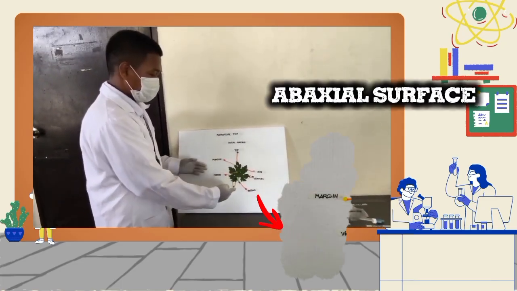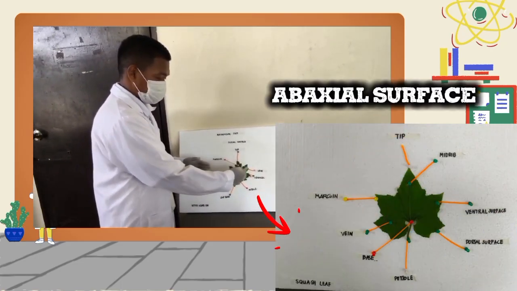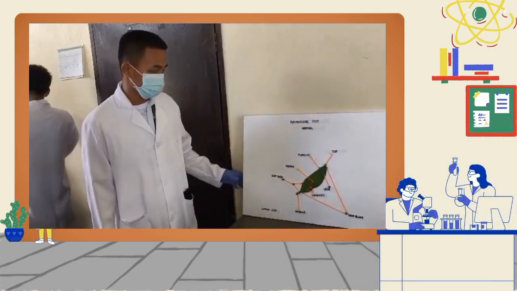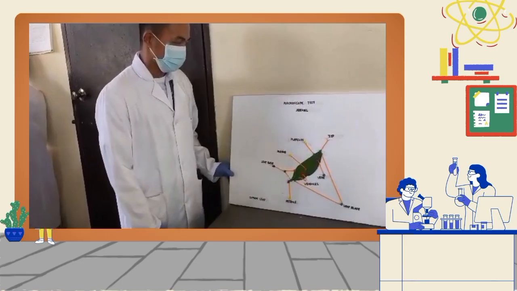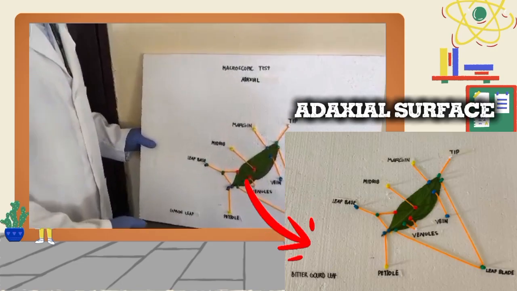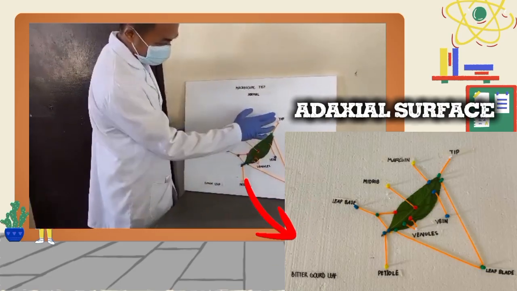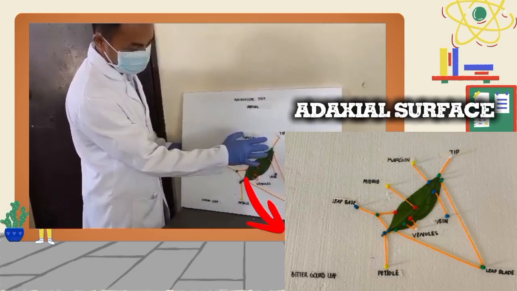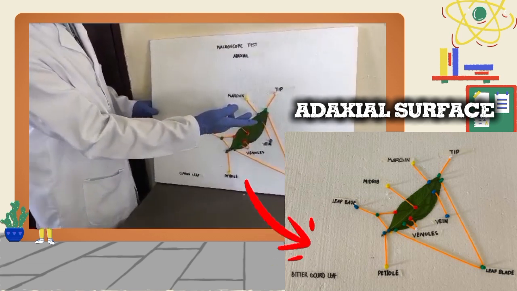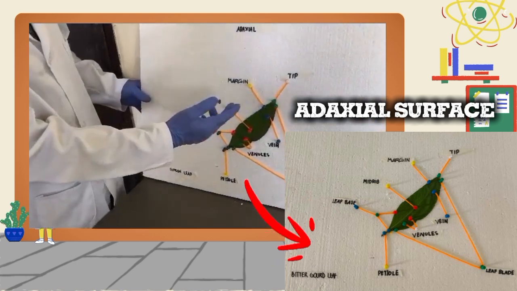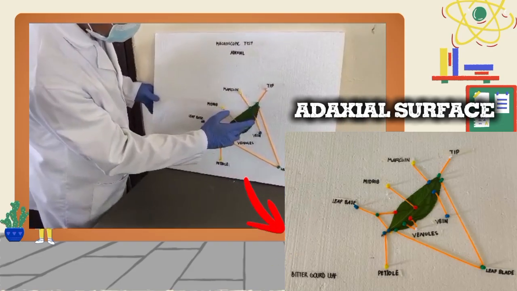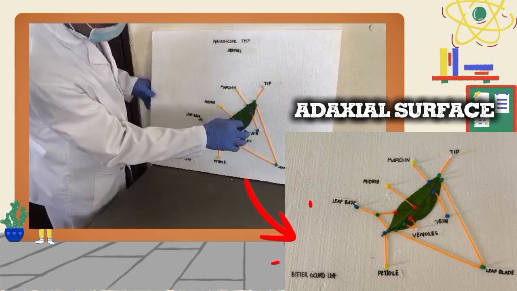Now this is the abaxial part of the squash leaf. Okay, let's do a microscopic test on the Gabon leaf. This is the adaxial side, or the front side. First, you have to determine the tip, which is the very top of the leaf. You have the margin, which is almost at the top and at the side. And the vein, which is the vein-looking thing in the leaf.